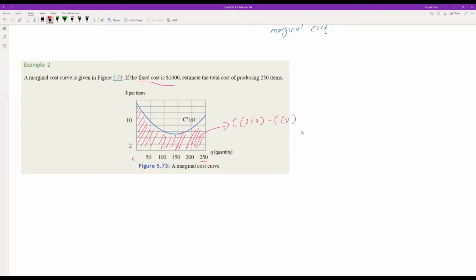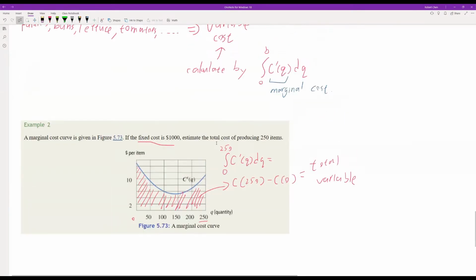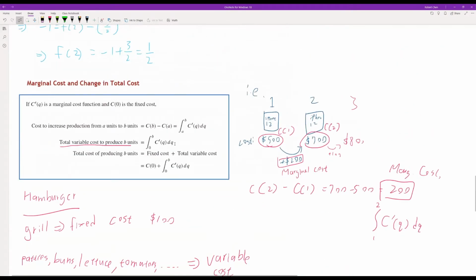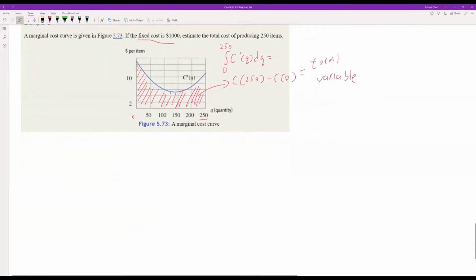That gives us the total variable cost, and this area is also represented by the definite integral from 0 to 250 of C prime of Q dQ, which represents the total variable cost from earlier. So basically, if we can find the area under the curve, then we'll be fine.